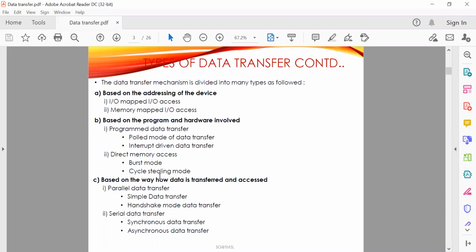Now the third category, which is based on how data is transferred and accessed, the first method is the parallel data transfer technique. In parallel mode of data transfer, all the data bits in a word are simultaneously transmitted.